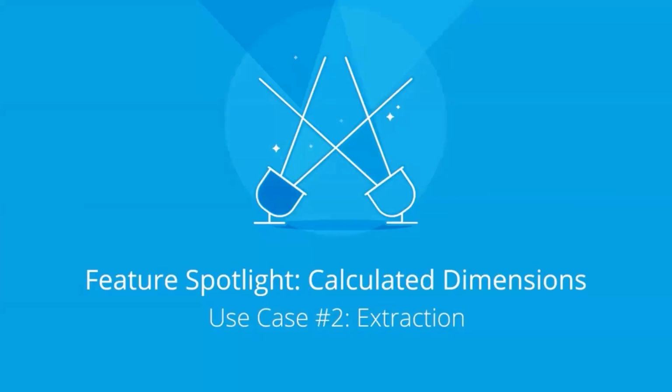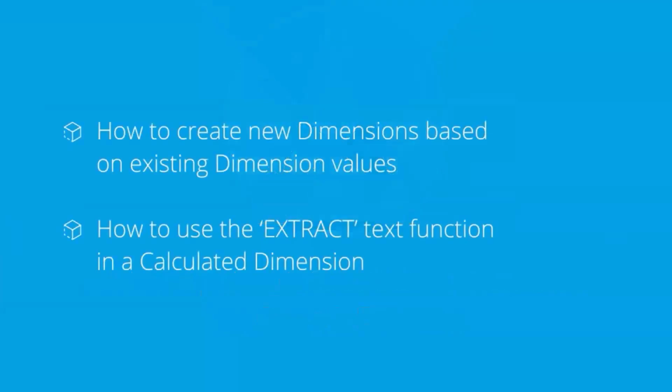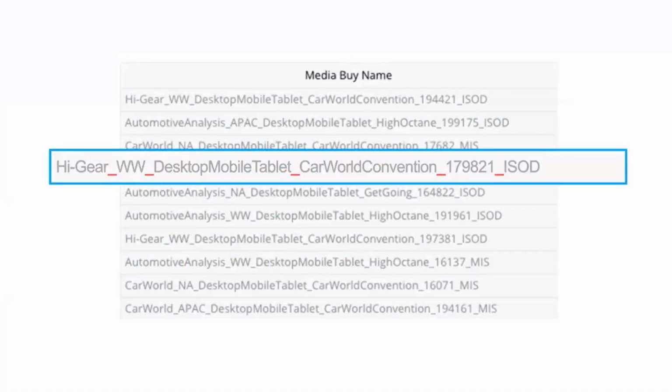The second is extraction. I'm sure people are familiar with the extract function. What we do is create new dimensions based on existing dimension values. Over here, from our existing dimension values, we use the extract text function and extract some parts of the data which we think are relevant to us.